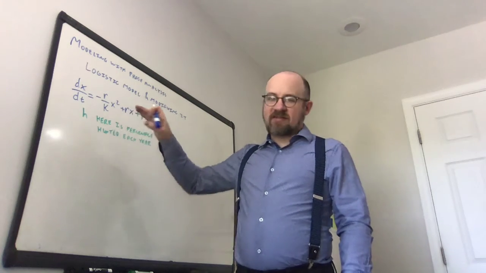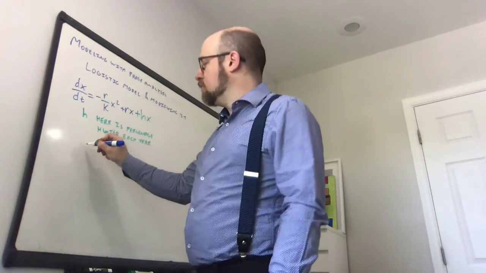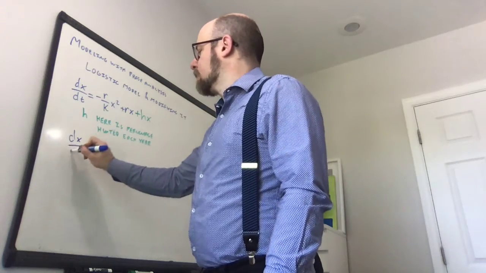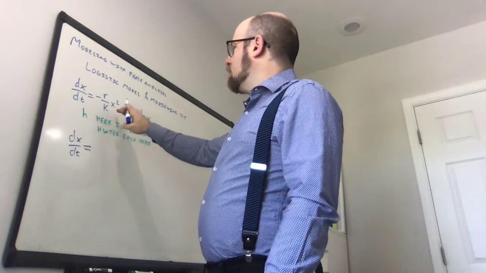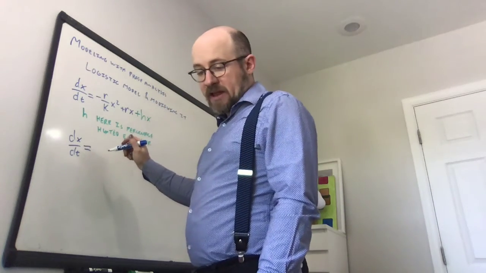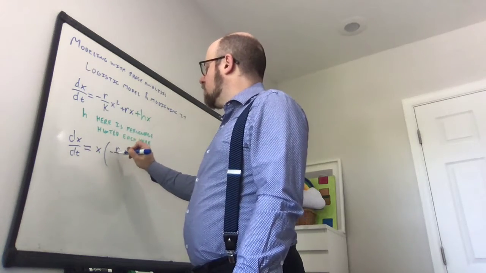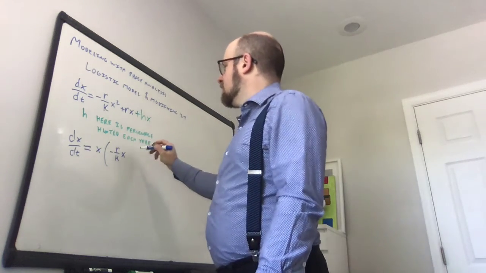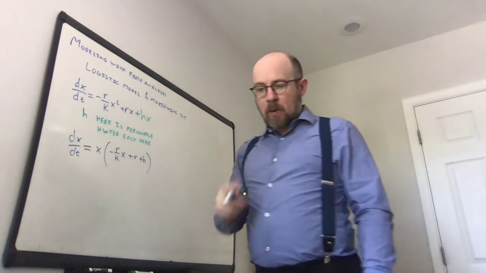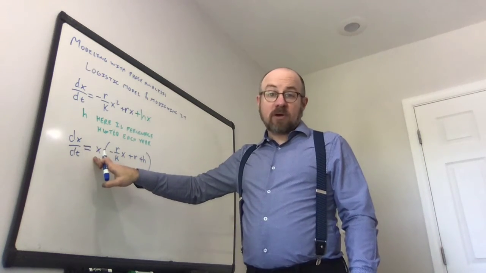But we can look at this equation and figure out what it looks like just from what we've got here. dx/dt is equal to, we can pull an x out of every term, so we've got x times negative r over k x plus r plus h. This gives you your equilibrium points.